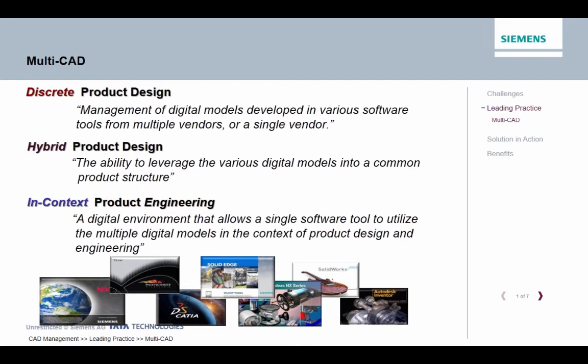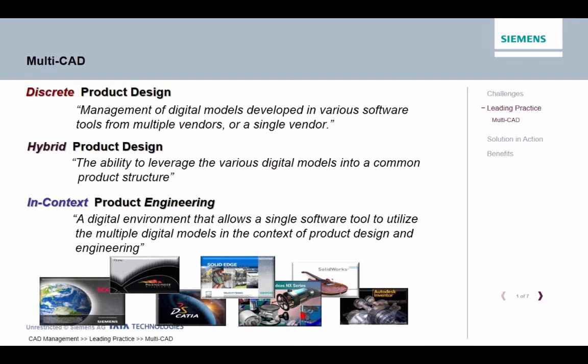Say they are using NX to develop product A and SolidWorks to develop product B. All they probably want to do is to store this NX and SolidWorks data in the same location with a consistent revision control, access control, and process control, right? So that's my discrete product design scenario, which is really a mini CAD scenario, okay?